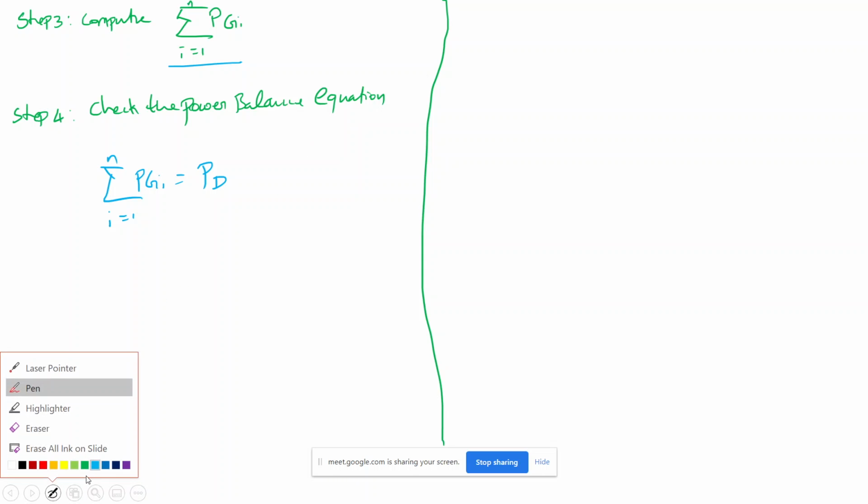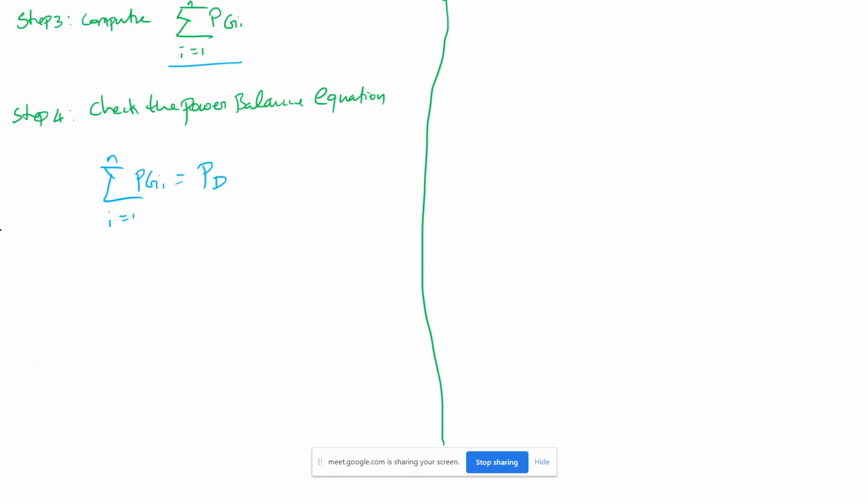Then by checking this, if the power balance equation is satisfied, then the optimum solution is obtained.